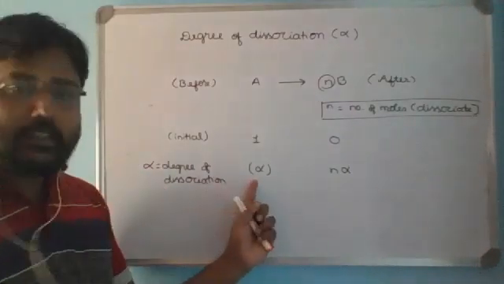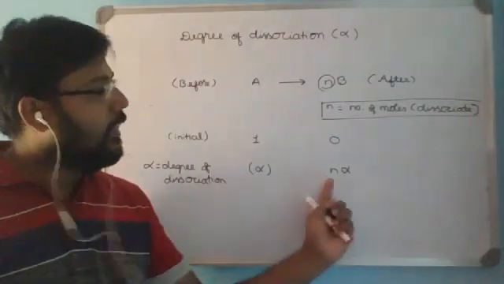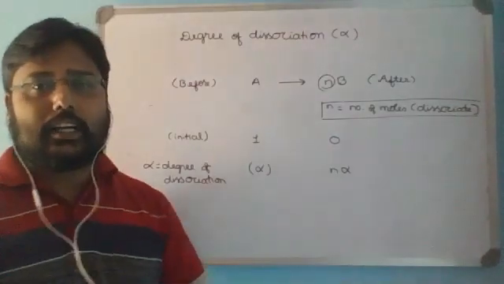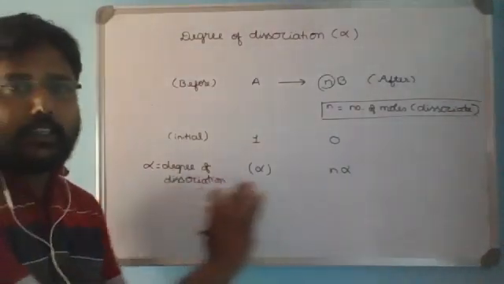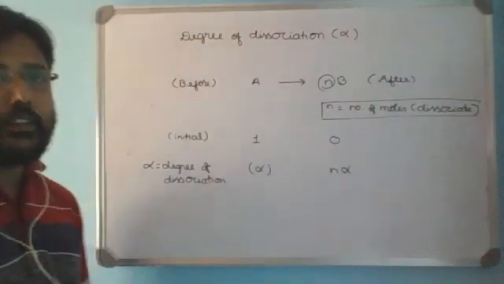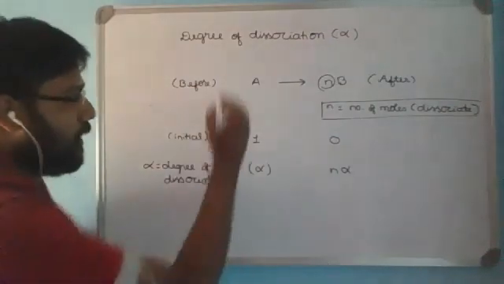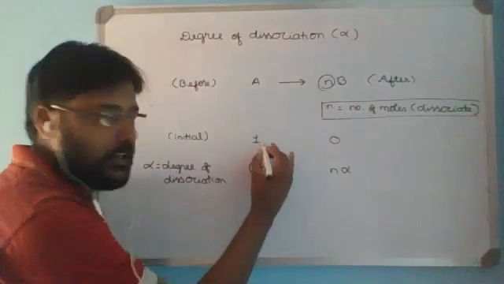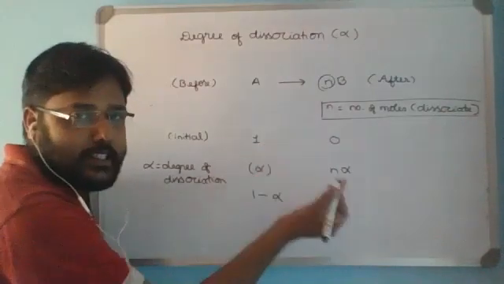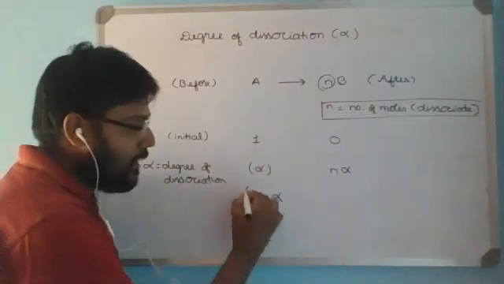For alpha dissociated A, n alpha will be the dissociated ions formed in the solution. Once the dissociation is completed, we consider the number of moles available. The solute will be 1 minus alpha. Initially 1 is there, from that alpha moles get dissociated, hence it is 1 minus alpha.